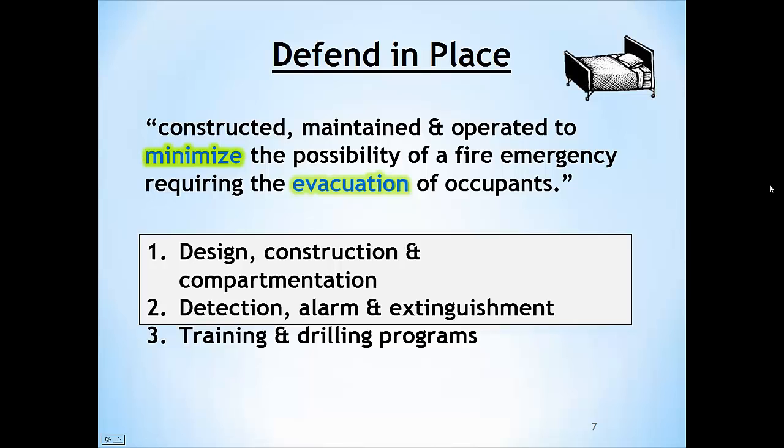You have to have detection, a passive system, and an active system for protecting the people, and you have to have training of staff and people. Those are the defining characteristics of a defend-in-place occupancy. The reason for that is that ambulatory care used to be a subpart of healthcare occupancies.